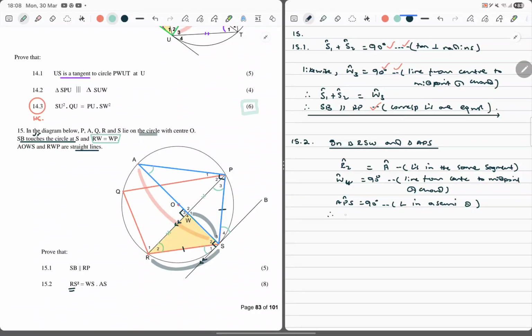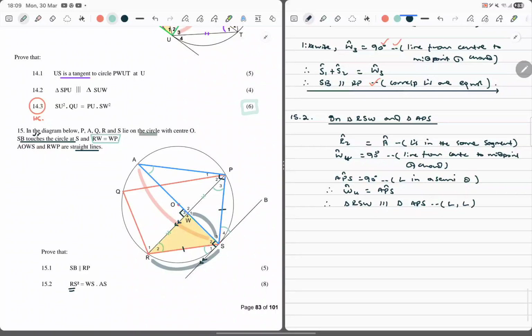So what we want to say, guys, is to prove that W4 is equal to APS. Now we've got two sets of angles. We can make a conclusion that triangle RSW is similar to triangle APS. We've proven two angles to be equal. The third pair will fall into place.